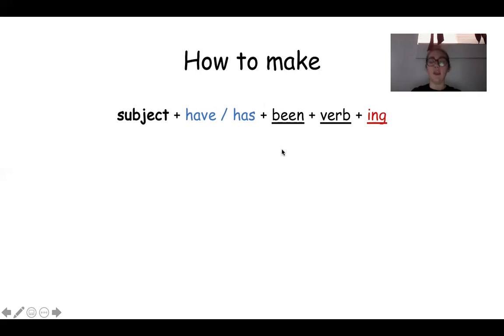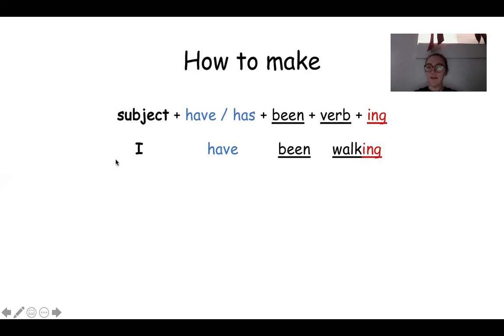To be. So that is our special past tense verb that is going to let people know, okay, this is some sort of perfect tense, right? And then we add our verb, and then we just have to add an ing, and that's how you make it. So I have been walking.